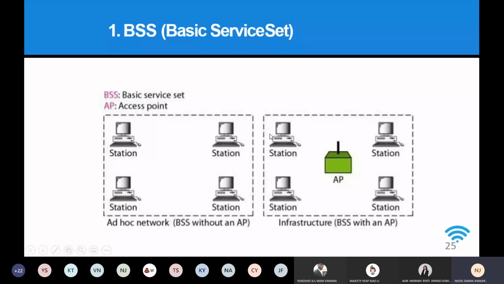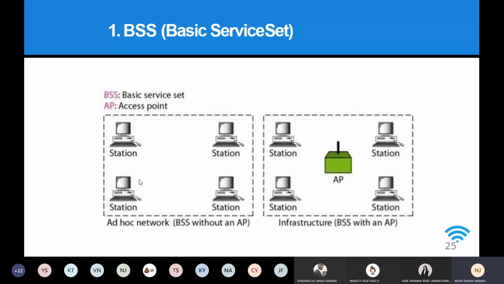From this figure, you can see that this is the BSS. BSS stands for basic service set, and AP is for access point. In these two boxes, in the first box we don't have any access point, but we have a station, a station, a station, a station. We can say node, node, node. We can say computer, computer, computer. We can say client, client, client.